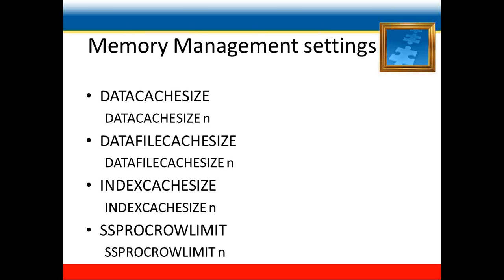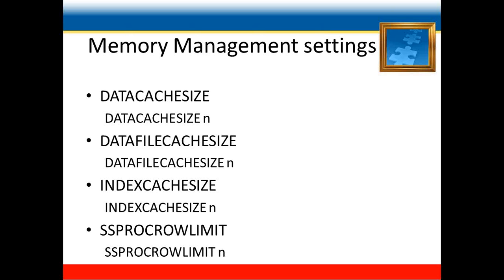Then you can also specify the index cache size setting. Index caches are basically used to hold index pages in memory. So if you provide a value for this setting, that value will be used as an initial value for index caches.